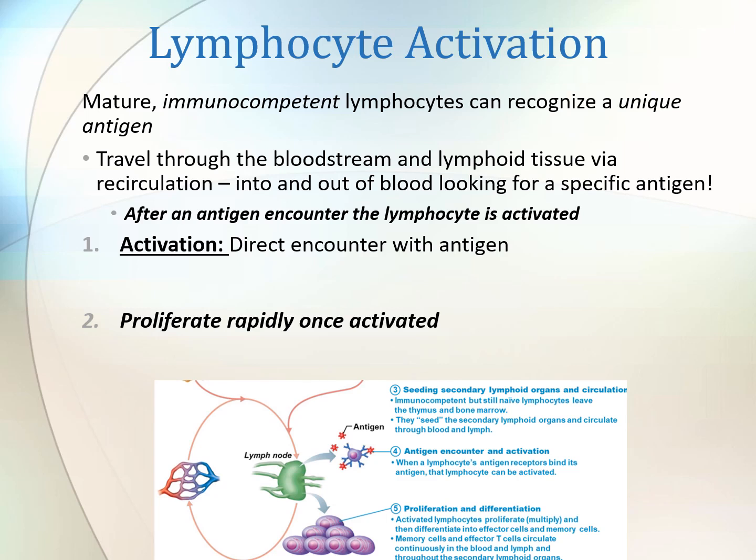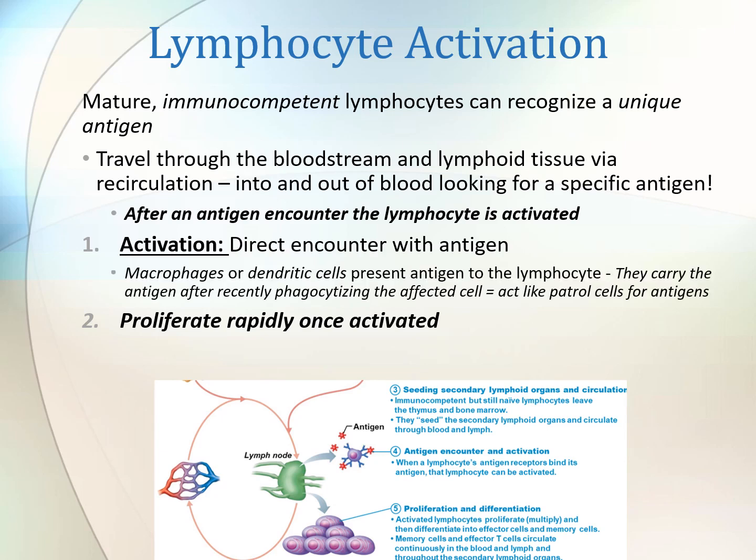Okay, so first, they're going to be mature, right? So first they have to gain their immunocompetency, and then they're going to travel around looking for that antigen. And after they encounter it, it's becoming activated. So that is what activation means. It's going to be in a direct encounter with that antigen.